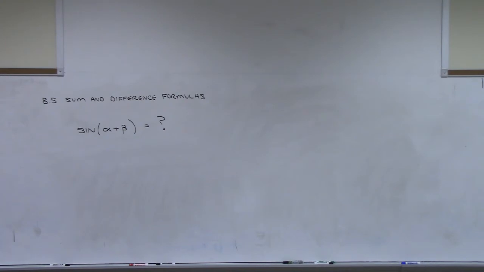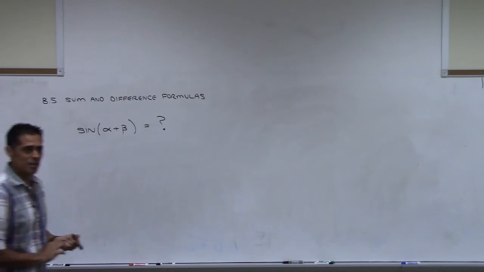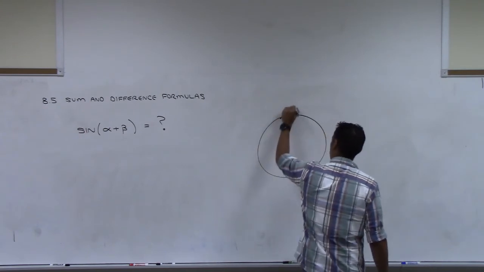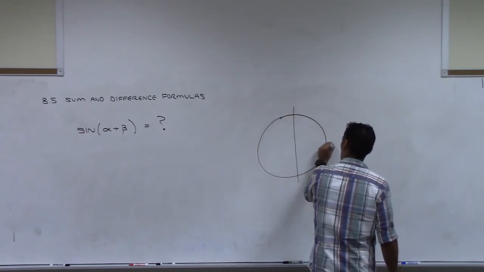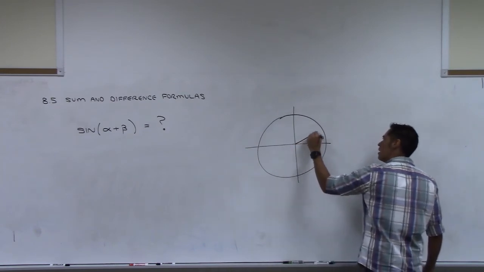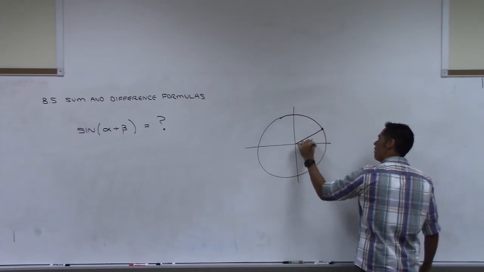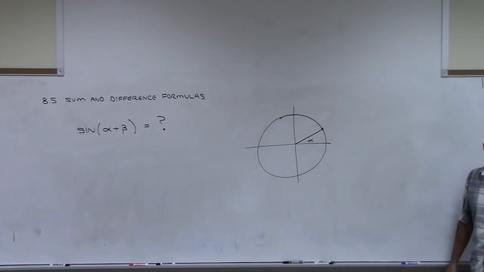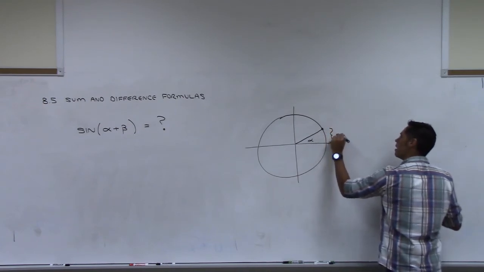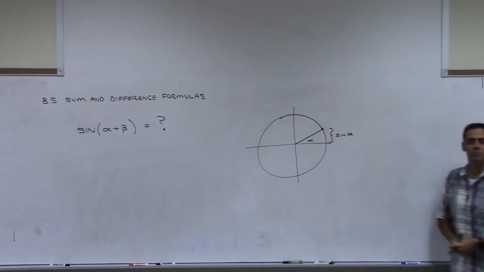So this says, let's say we want to figure out what sine of alpha plus beta is. Now let's try and understand what this means. If we have a circle, and somebody gives me an angle here, alpha, then sine of alpha is that distance, isn't it?